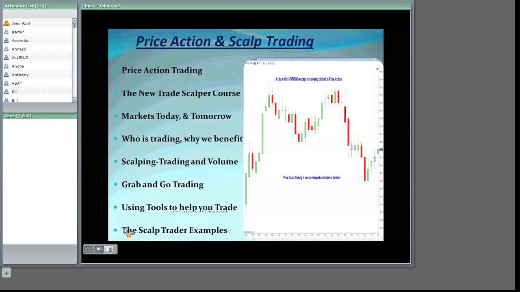Now, let's talk a little bit about price action and scalp trading and how this all comes about. Price action trading is really a way that traders utilize what's only on the chart to trade, okay? The example I always give, plainly seen when you go to the trading pits in Chicago or New York, is that you very rarely, if ever, see professional traders looking at stochastics, MACD, momentum, or what the 50-period moving average is doing.